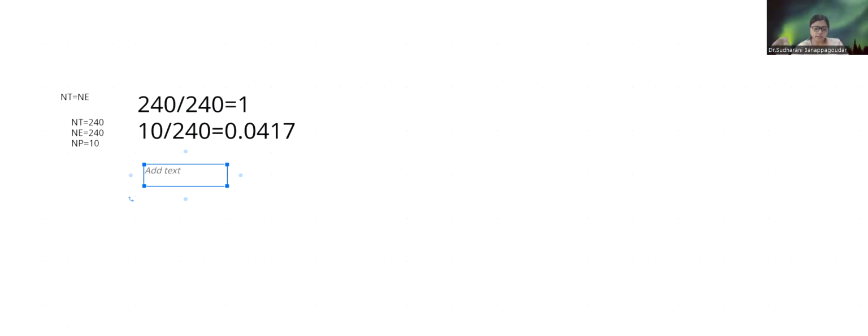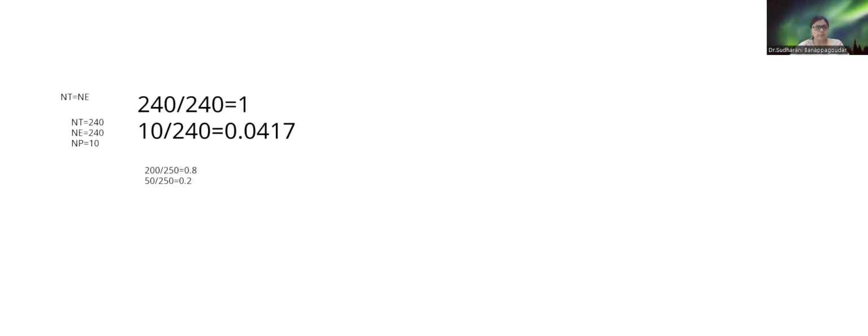So the capping was there for NT and NE: not more than 1, it was normalized. For NP, the capping was 0.2. While calculating the student strength SS, the value for NT and NE, here 1, is multiplied by 15.